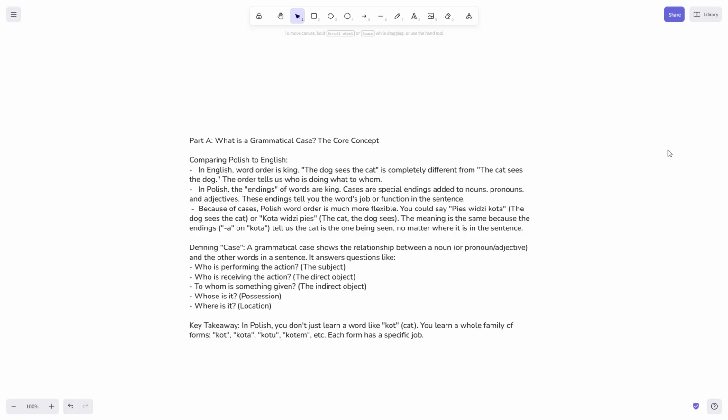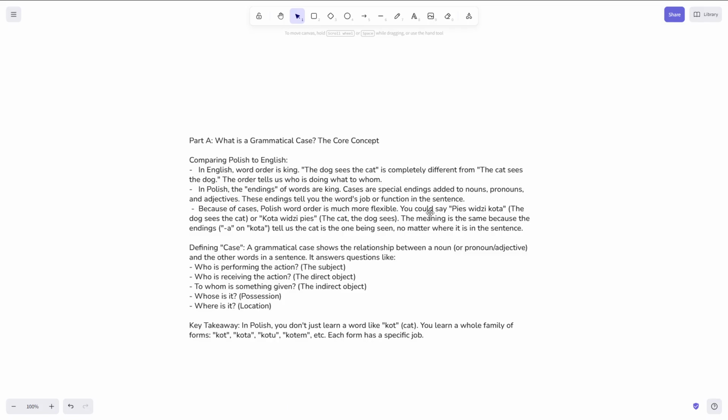What could be the function or a job of a word? We'll go over this in a bit. But because of cases, Polish word order is much more flexible. So basically, you can switch around many words in a single Polish sentence, but because of the endings of particular words, the meaning stays exactly the same.